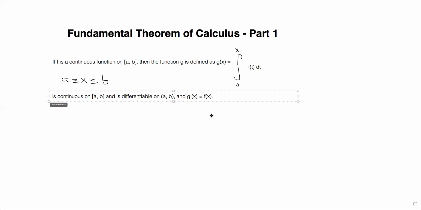Oh, wait. g of x is the derivative of f of x. So when you take the derivative of g of x, wouldn't that make g of x the antiderivative of f of x? Yes. Yeah. Okay.